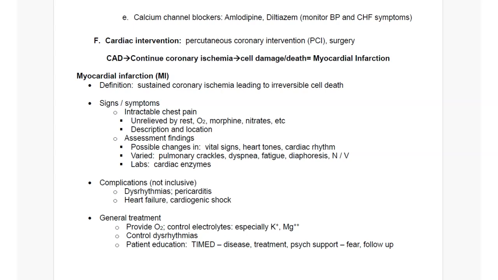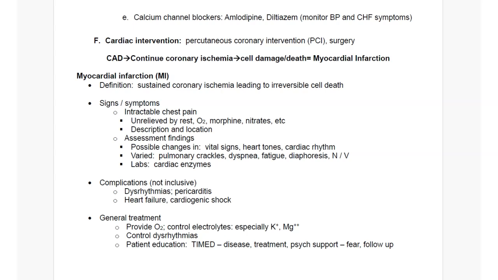Now, the description and location varies depending on the patient, and so they may complain of jaw pain, again, just like what I told you earlier, chest pain, back pain, arm pain, depending on the patient. Typically, older people, especially women or diabetics, have some atypical symptoms, so symptoms that are not your typical chest pain, right?